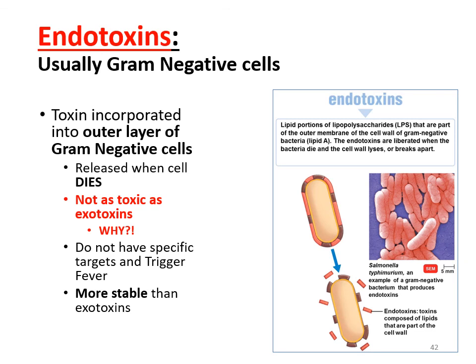They can't kill anymore once they're dead. Whereas a serial killer, which is the exotoxins, is still alive. They can keep killing, keep releasing toxins. So endotoxins are not as toxic because they're basically suicide death. Okay? So endotoxins are less toxic and released only when the bacteria die.